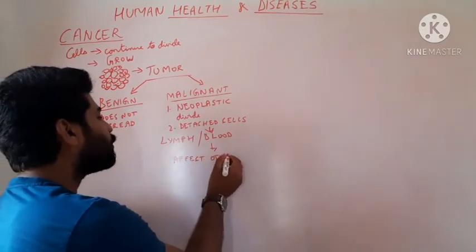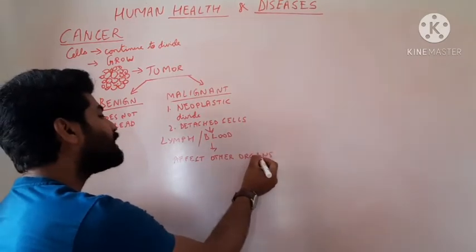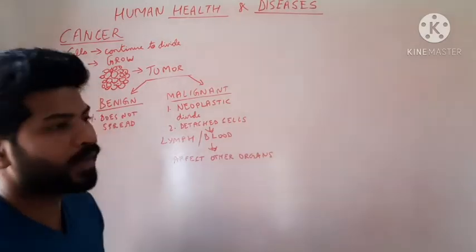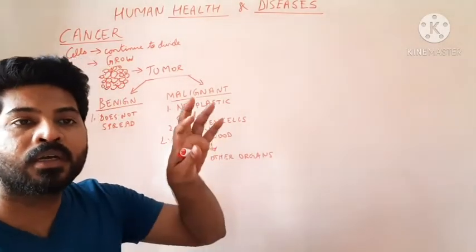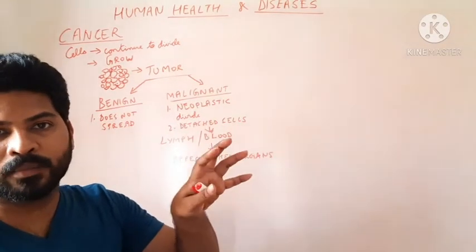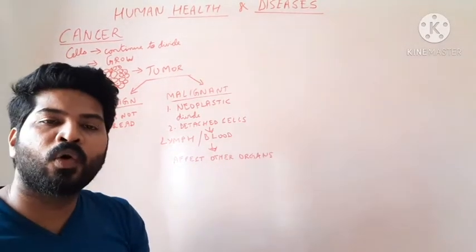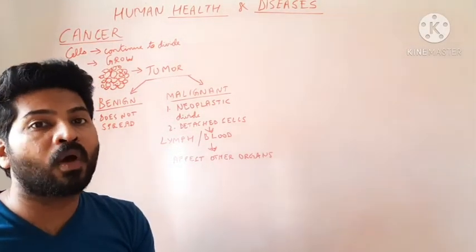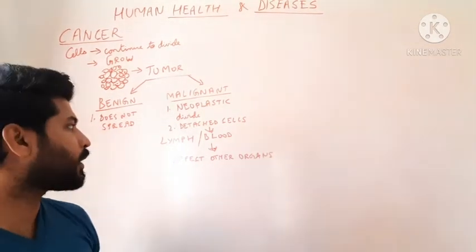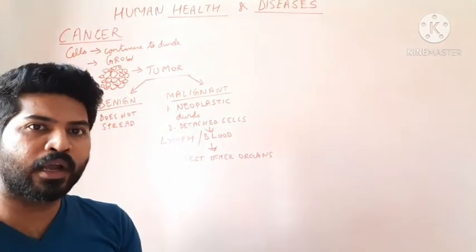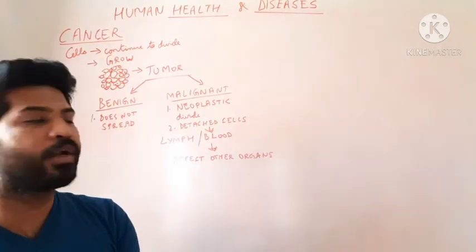That is what makes a malignant tumor so dangerous. For example, let us say certain neoplastic cells from the breast tumor have dislodged, get into the bloodstream and go to the lung and cause a tumor over there. In that case, it is not called a lung tumor, but it is called a metastatic breast tumor.